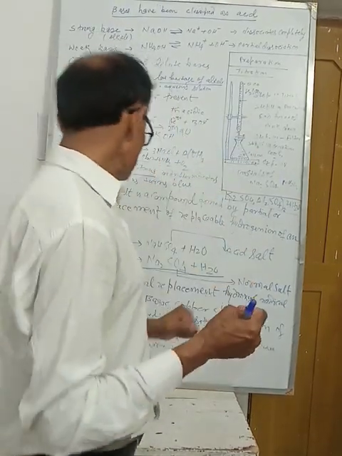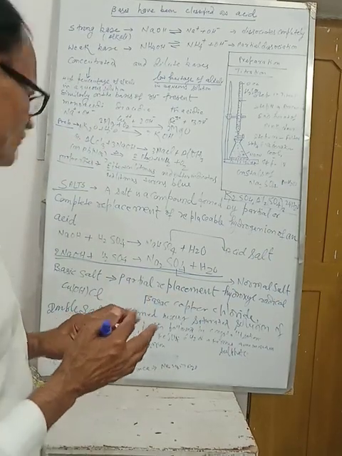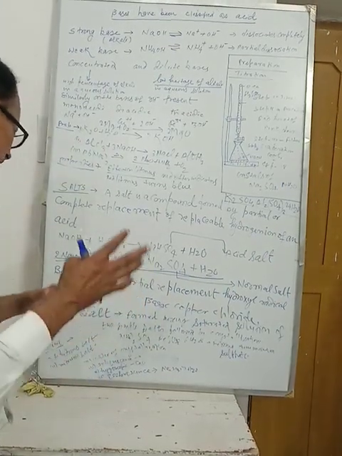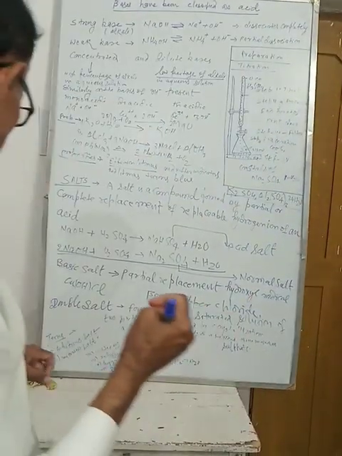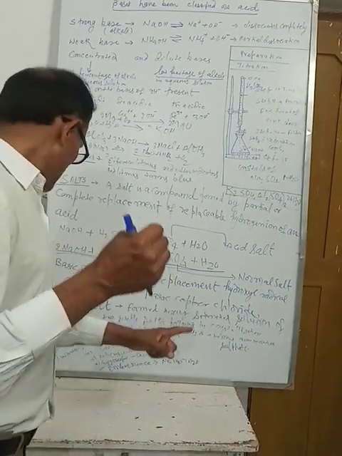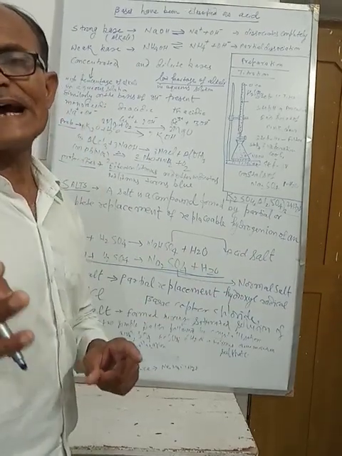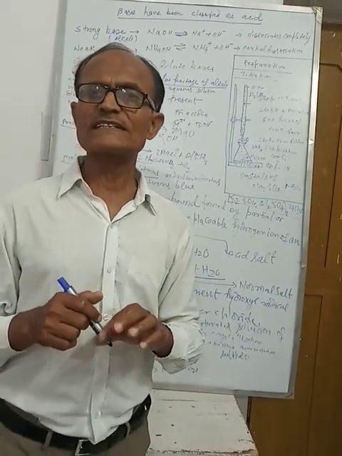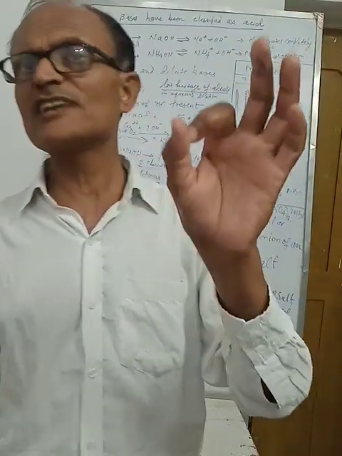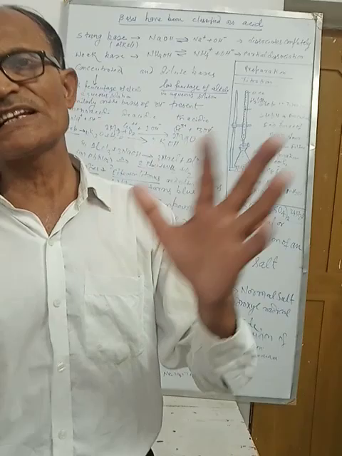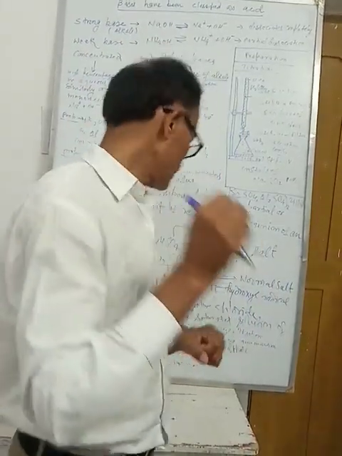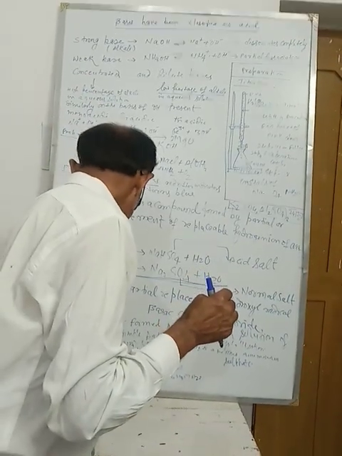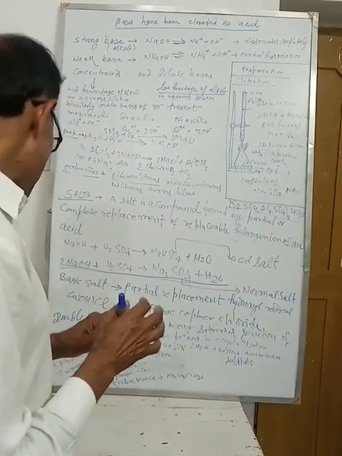Now further in this process, we find there are certain terms related to properties of salts. First is the anhydrous salt. Anhydrous salt means a salt that does not contain any water molecule, like NaCl, Na2SO4, which does not contain any water in it. Another property is the hydrated salt.